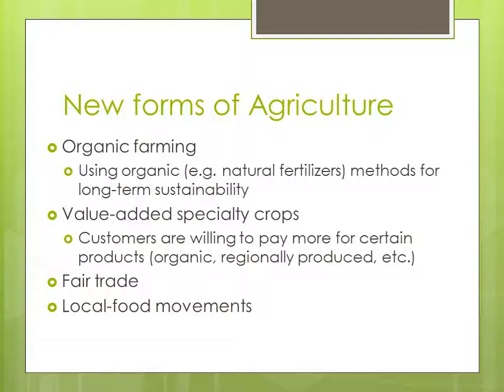So when people are willing to pay more for organic foods, well, we're going to start to see more people engage in organic farming. When we start to see more people pay for products that come from their local area, local farmers, family farmers in that area, we're starting to see more and more people maybe stay local instead of reaching out and becoming part of a larger agribusiness or national corporation, something like that.